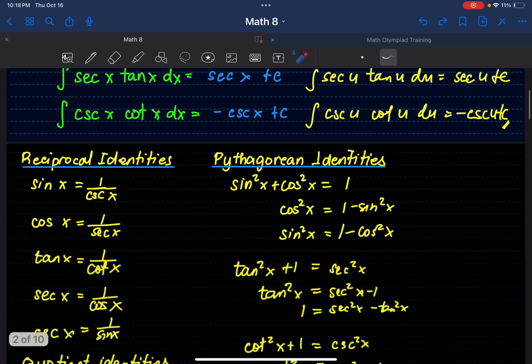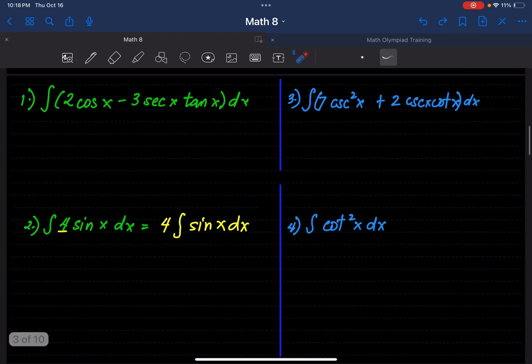So let's have examples. Number 1, what is the integral of 2 cosine x minus 3 secant x tangent x with respect to x? So let's apply the integral of sum and difference of functions.